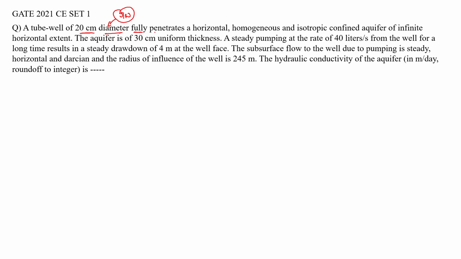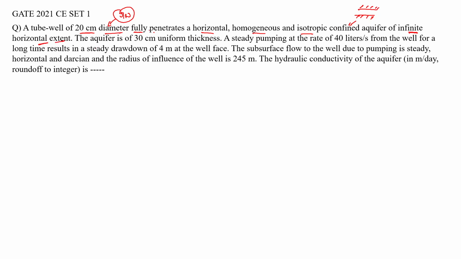One assumption is that the pumping well as well as the observation well are fully penetrated into the confined aquifer, which is horizontal, homogeneous and isotropic. All these terms we made as assumptions before deriving the equation. Confined aquifer means both the sides are confined, of infinite extent.